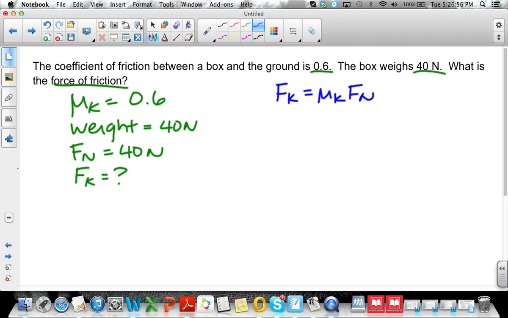Okay, so Fk, that is the one I don't know. Mu k, 0.6, I have that. Fn, I have that, so I'm good to go. Once you have all those things, just go plug them in.